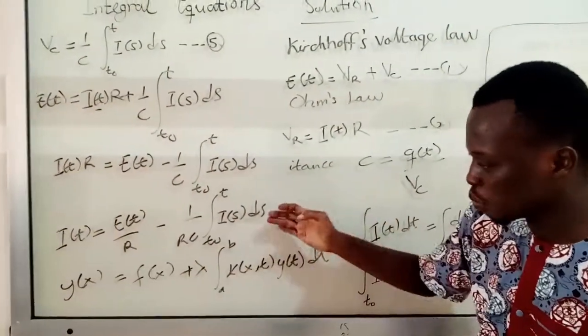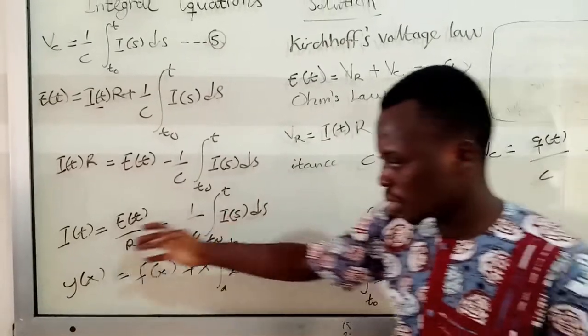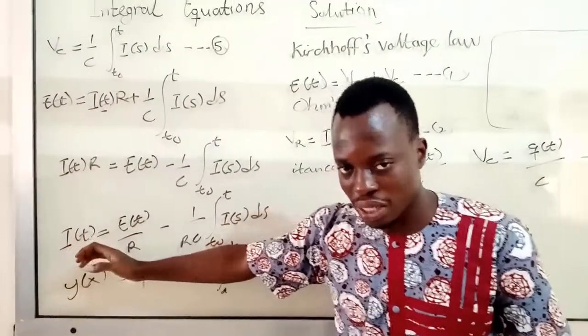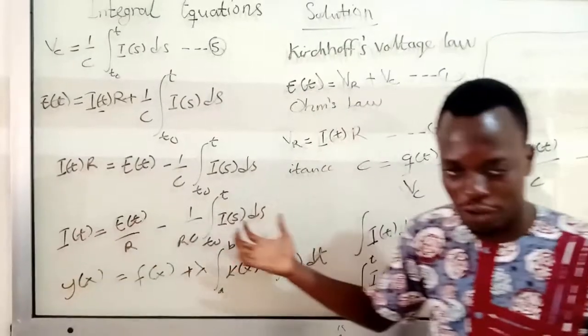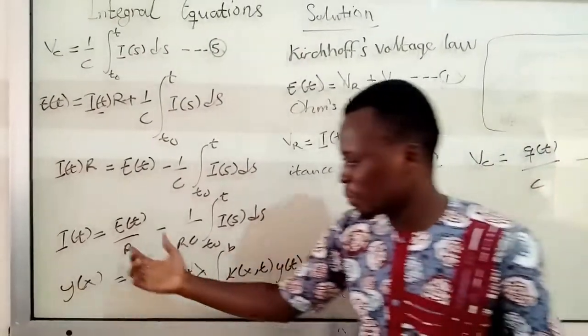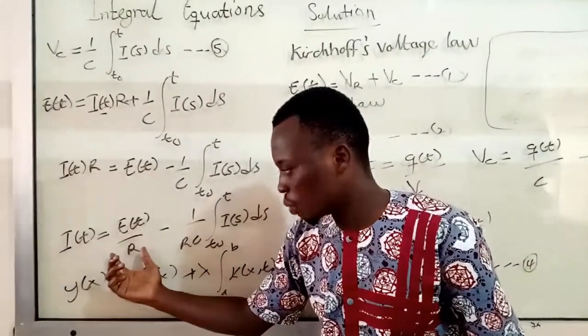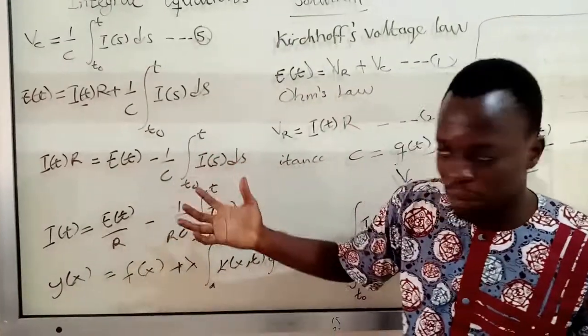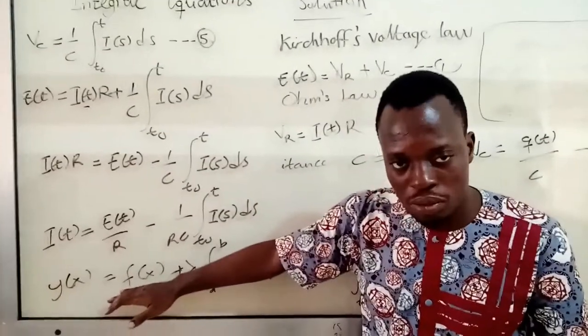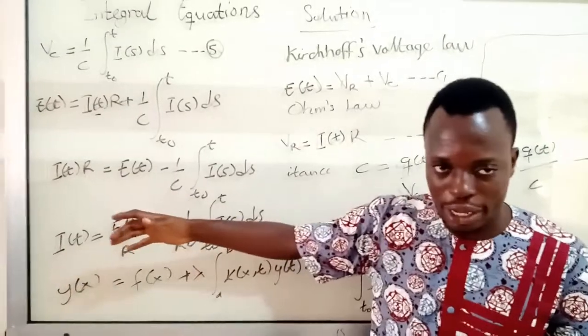So this makes this an integral equation for the current. And this part, E of t divided by R, is known as the free term, or the forcing term.